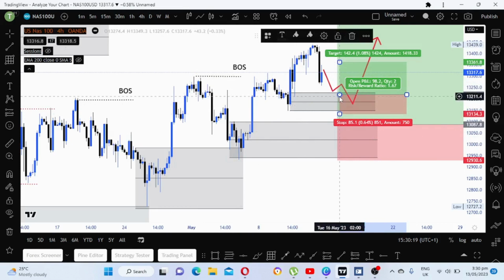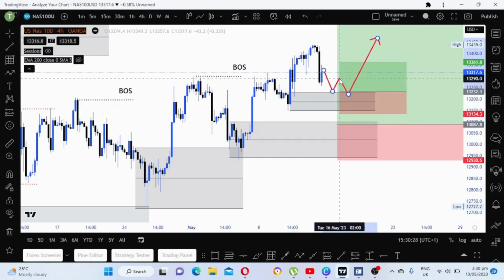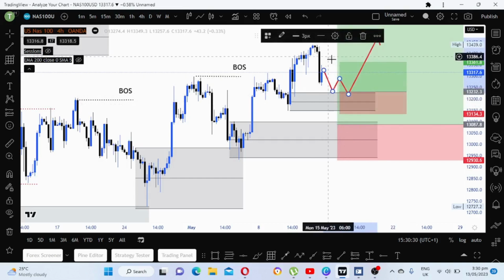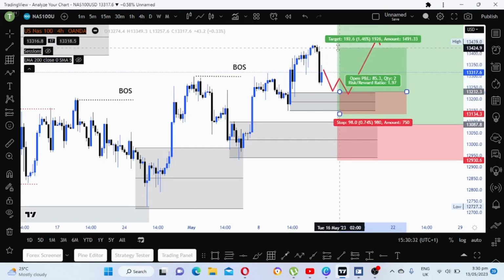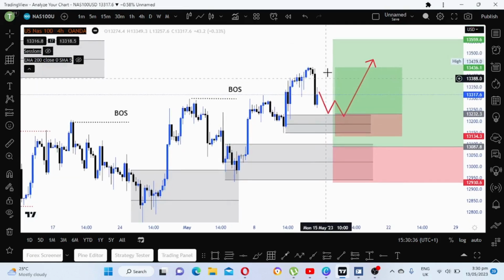Now we are expecting a lower low, a higher low here, and then we buy. We're targeting this high. That is my first buy. My second buy is at this zone, which is down here, below here.